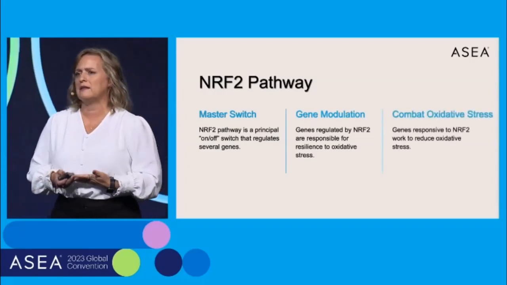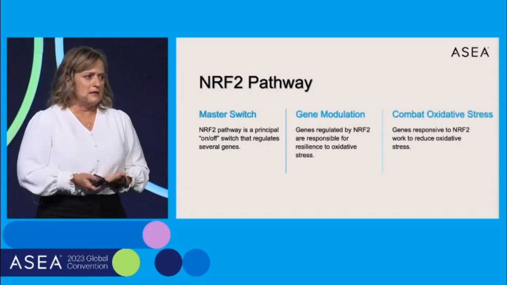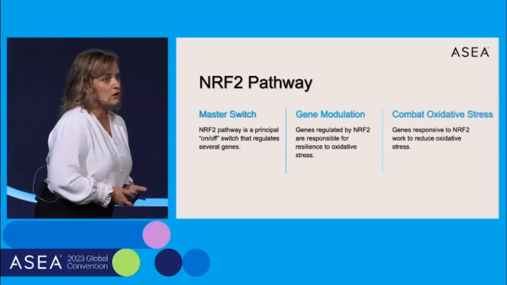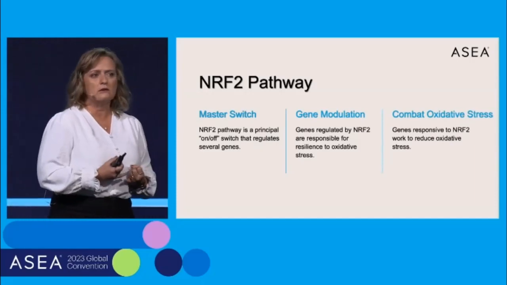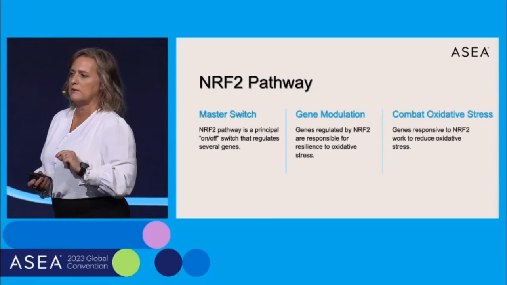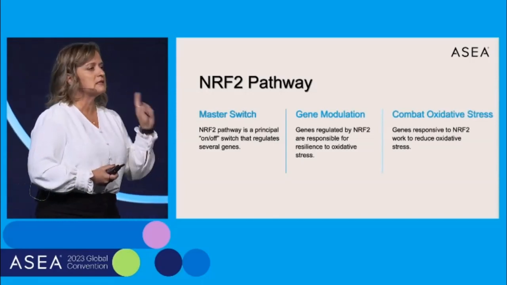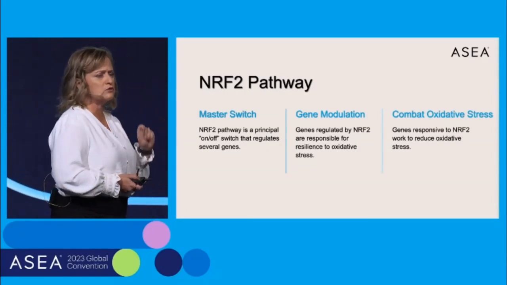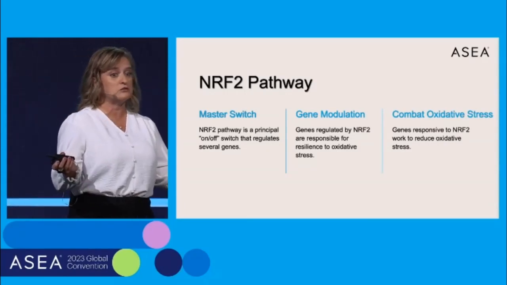We also understand that NRF2 is a crucial regulator of the oxidative response. It promotes cellular resilience to stress, another thing Hunter mentioned before. So our cells are able to be challenged. What does resilience to stress mean?